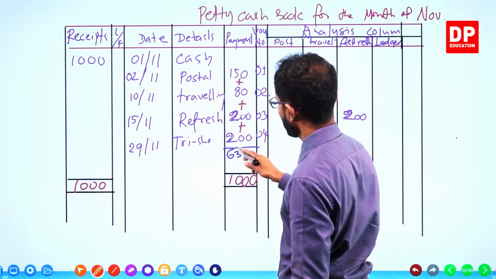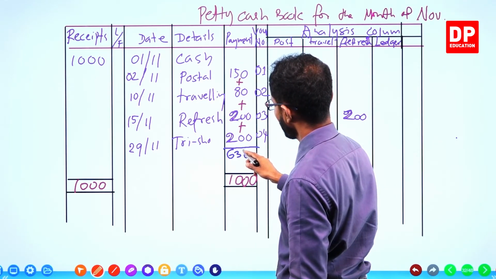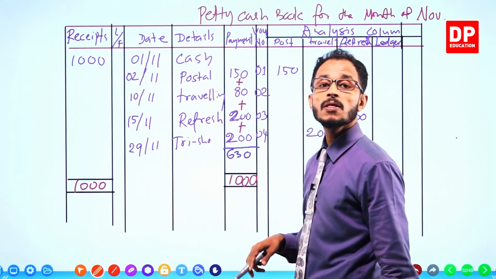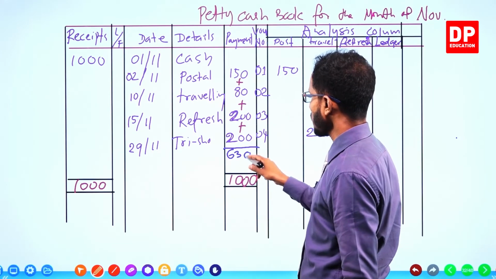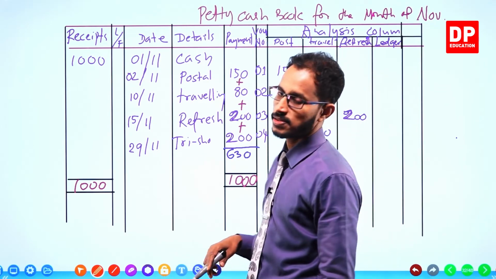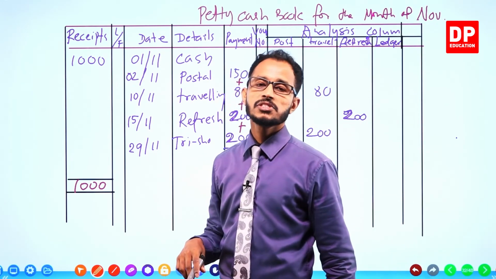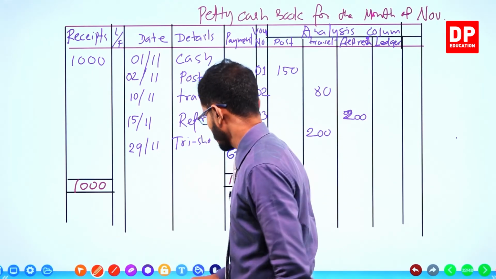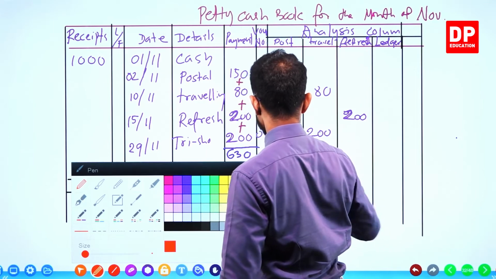Just subtract the total addition of the payments column from the receipts column total. 1000 minus 630. Watch, 370. That is your balance.